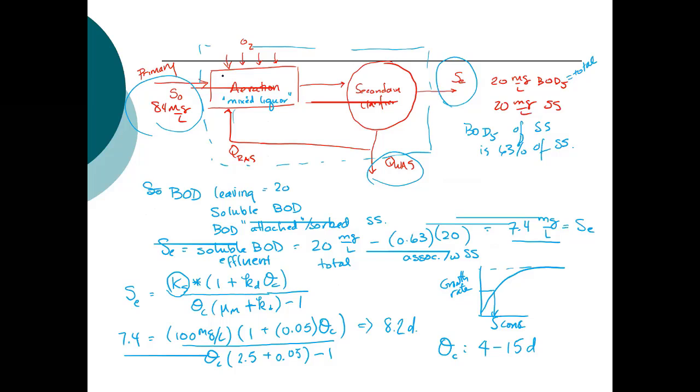And those mass balances are coupled by all of these constants that we use to describe the relationship between the microorganisms and the food. So we're describing how rapidly the microorganisms are growing based on the amount of substrate that's available.